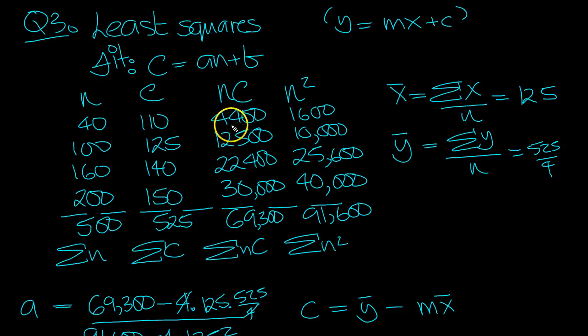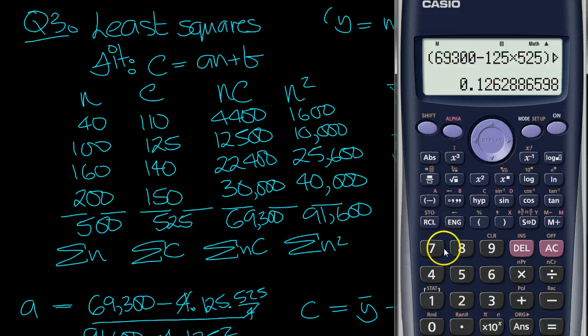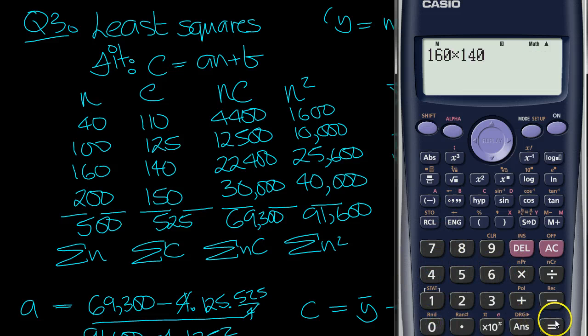40 times 110, 4400, yeah. 12,500, yeah, I think that's right. 160 times 140, 22,400, yeah. And 200 times 150 is 30,000.